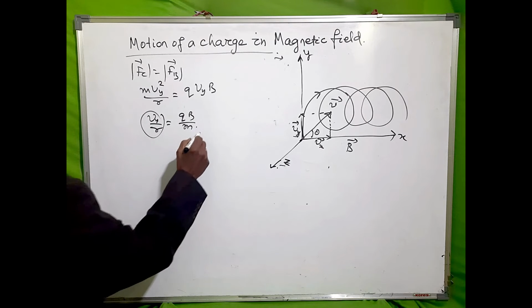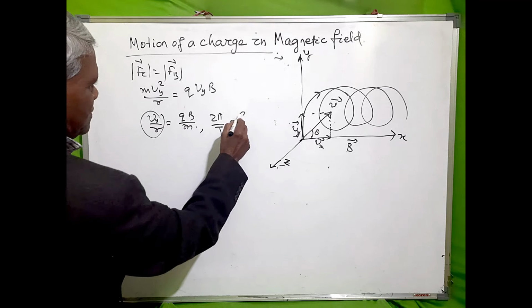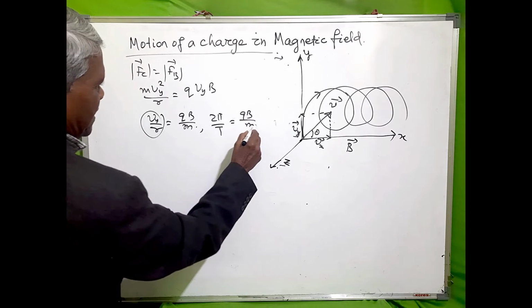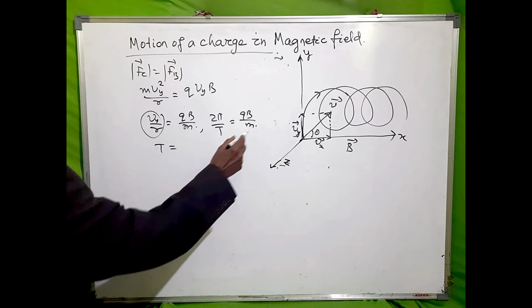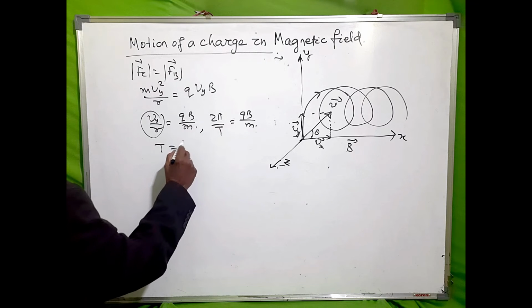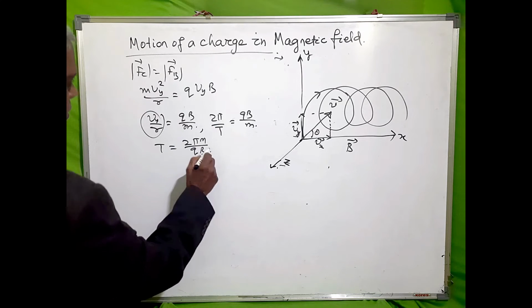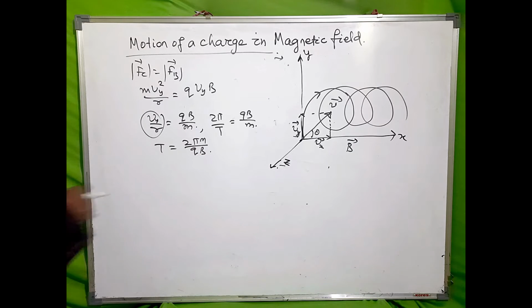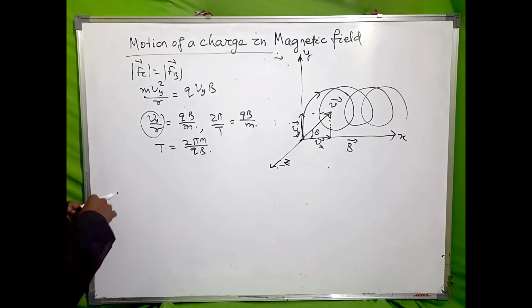This is omega, or 2 pi by T is equal to QB by m, or T is equal to 2 pi m by QB. This is the time period of completion of one circular path.